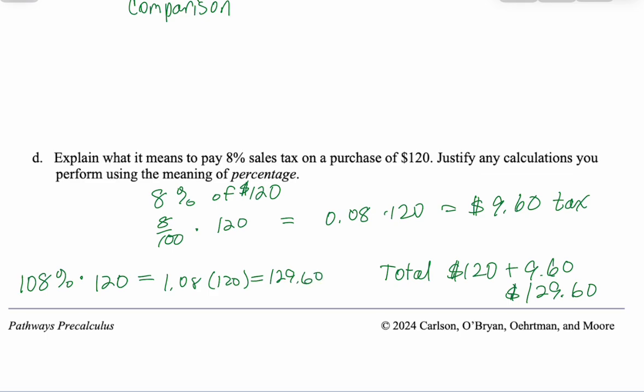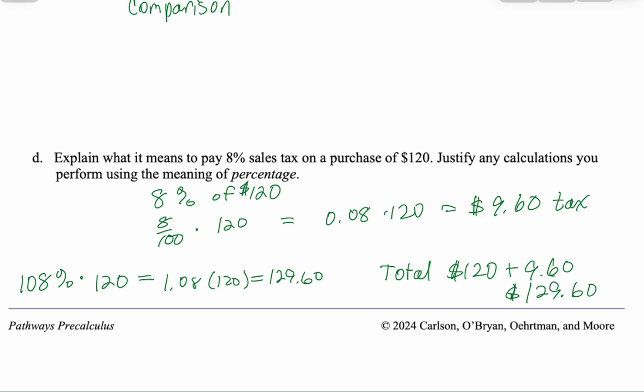So the beauty of percentages is if it's a discount, you can take it away from 100. If it's a sales tax, you can add it on to 100. So that percentage really is very useful depending on how they've asked the question.